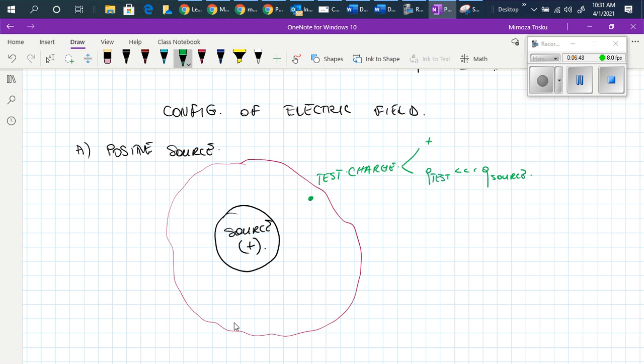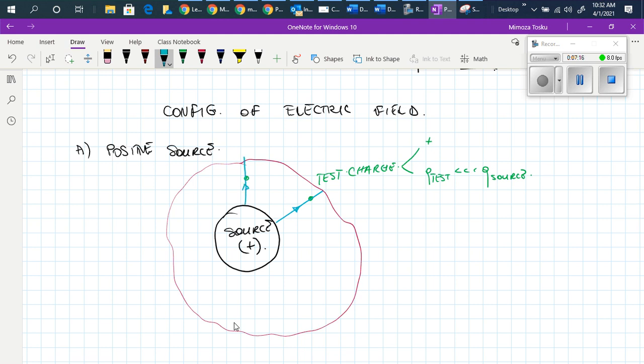So now we see what is the interaction that is happening between the test charge, always positive, and the source that in this case is positive. And since they are two like charges, they will repel each other. Okay, now we put the test somewhere in here, and then we see what is the interaction.